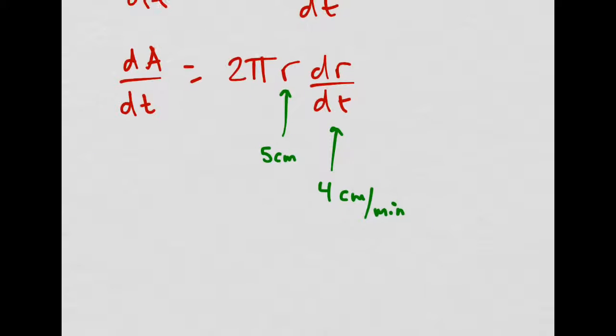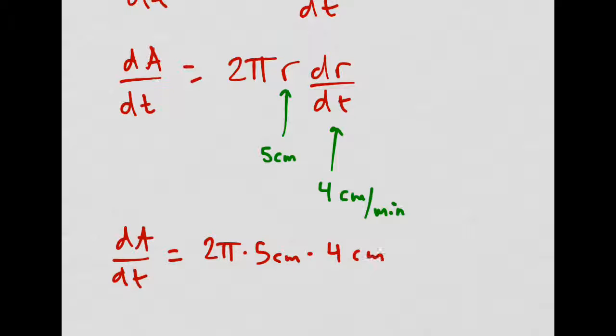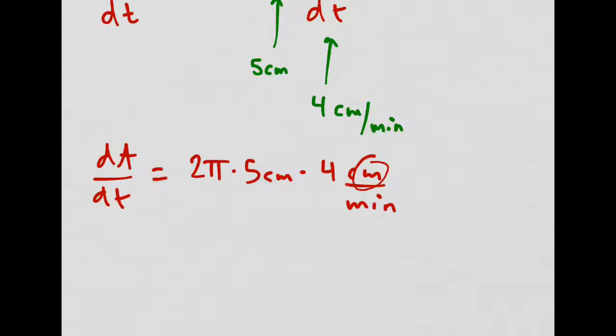So, we have dA/dt. I'm just plugging stuff in. It's just as simple. 2 pi times 5 centimeters times 4 centimeters per minute. And look, centimeters times centimeters is centimeters squared.